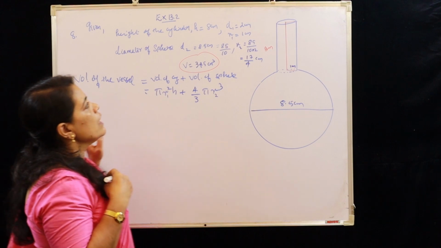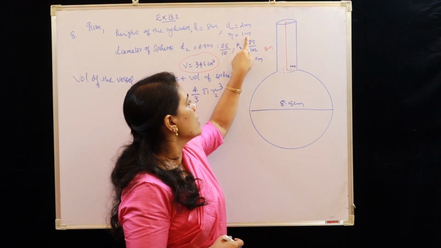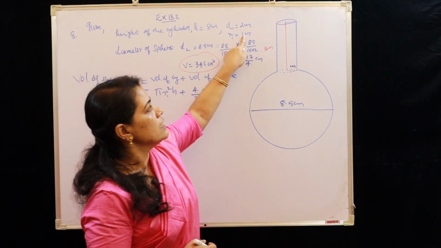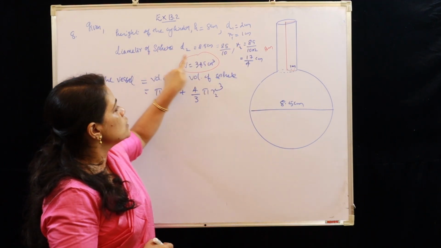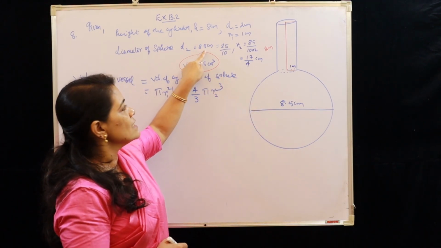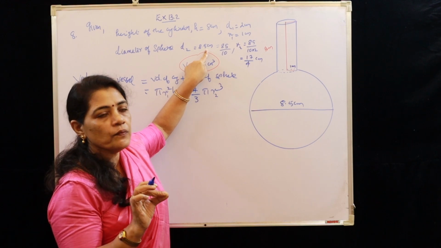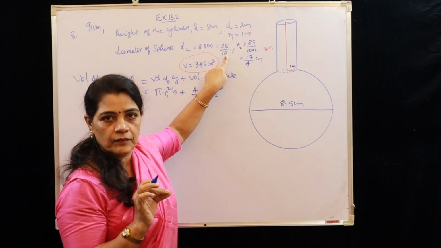Since the diameter of the cylindrical portion is 2 centimeter, r1 equal to 1 centimeter, and diameter of the spherical part is given as 8.5. So better to convert that in fractional form, that is 85 by 10.